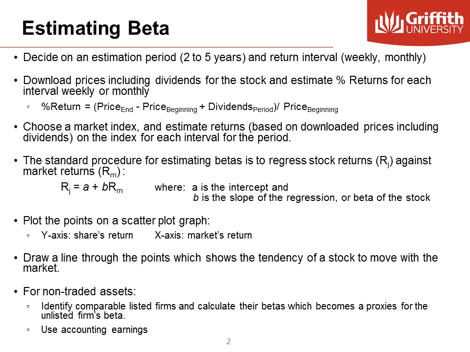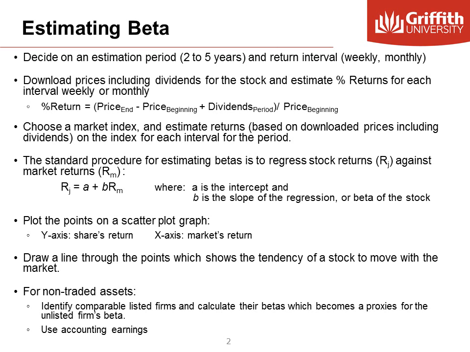Then you have to estimate the returns on that particular share, and then choose a market index as broad as possible and estimate the returns on that index as well for each interval for the period chosen. The standard procedure for estimating betas is to regress stock returns, RJ, against the market returns, RM.